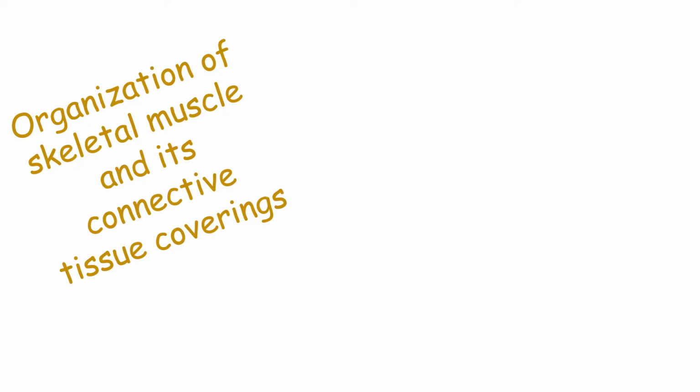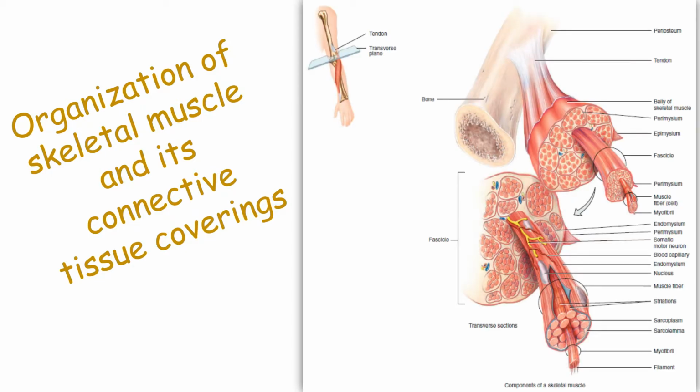What is the organization of skeletal muscle and its connective tissue covering? Connective tissue surrounds and protects the muscular tissue. The subcutaneous layer or hypodermis, which separates the muscle from our skin, is composed of areolar connective tissue and adipose connective tissue.